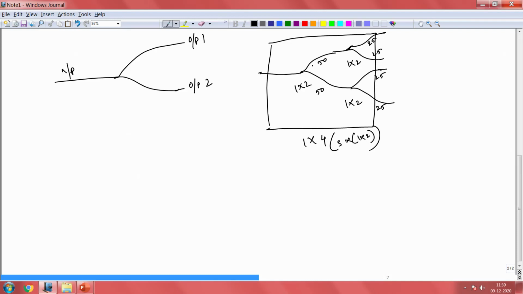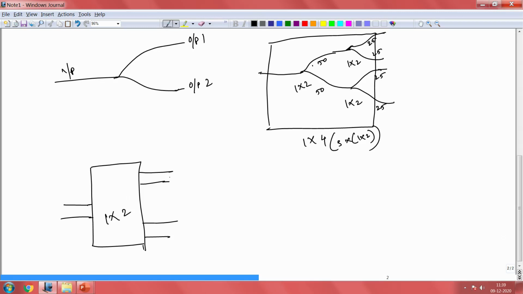All right. When you look at MMI, you start with this. This is a 1 by 2 power splitter, or power combiner. In this case, we want to split it, let us say. It is a very easy way to imagine this, similar to a Y junction. So, if you want to do 1 by 4, the interesting fact here is you do not have to go for another stage.